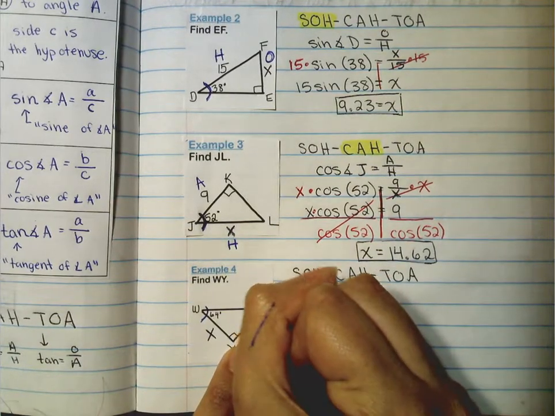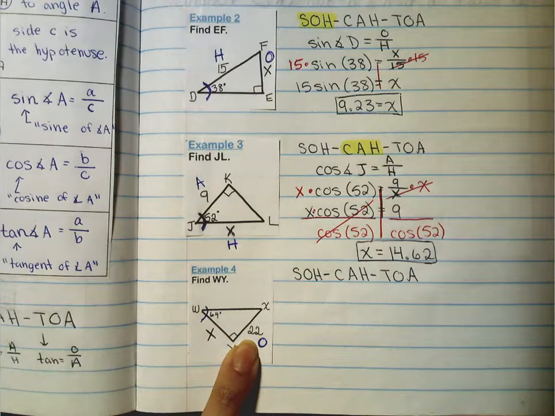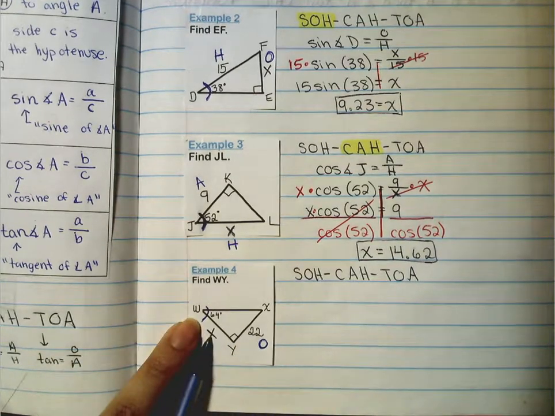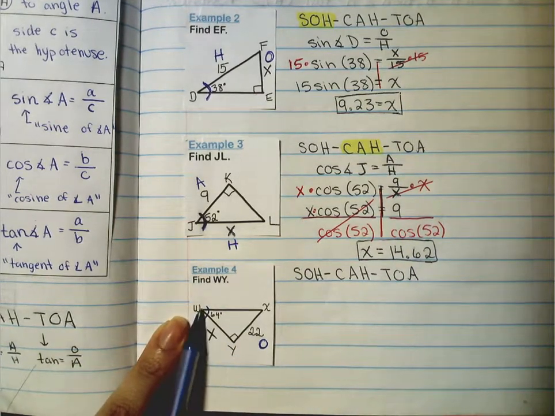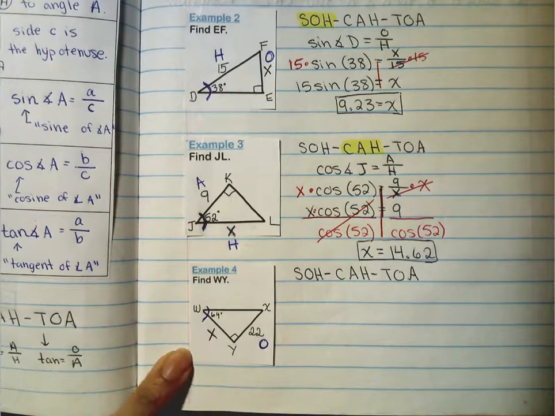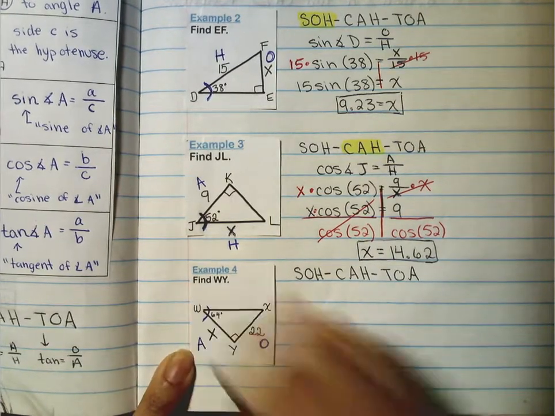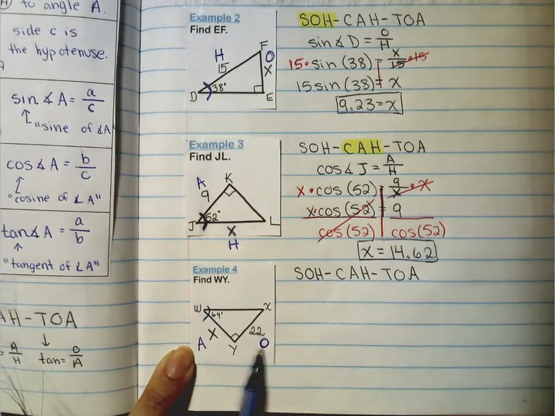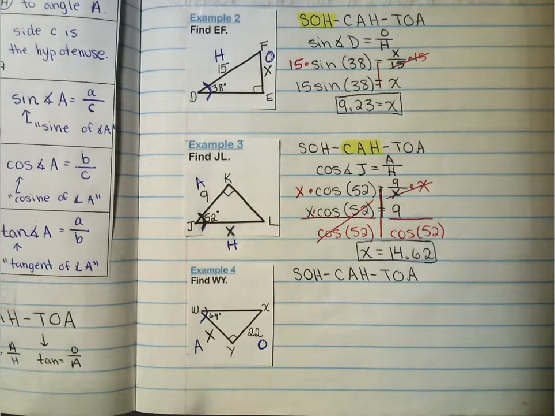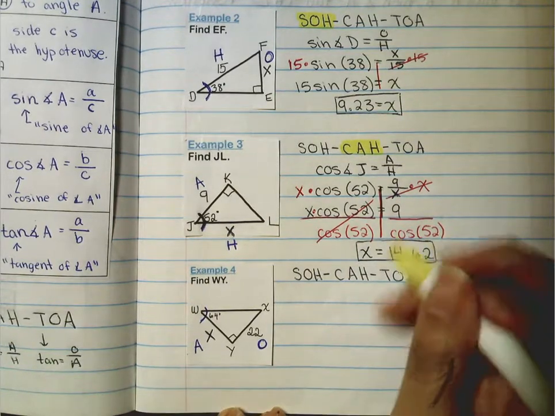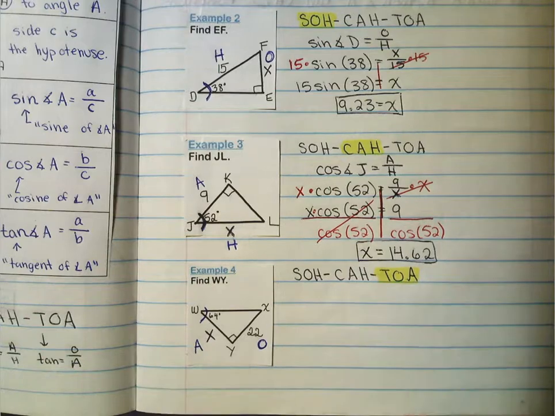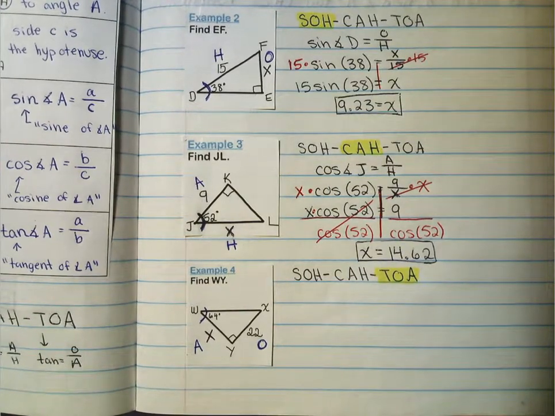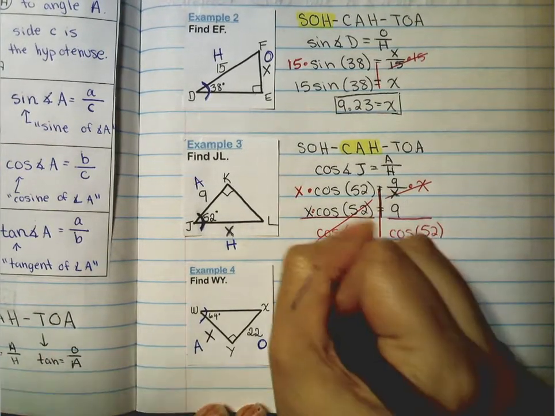So that 22 is the opposite side, the O. The x is right next to the W. It's not the hypotenuse. That means this has to be the adjacent. So this is A. So O and A, which one am I using? Tangent. That one has O and A. So I'm using tangent.